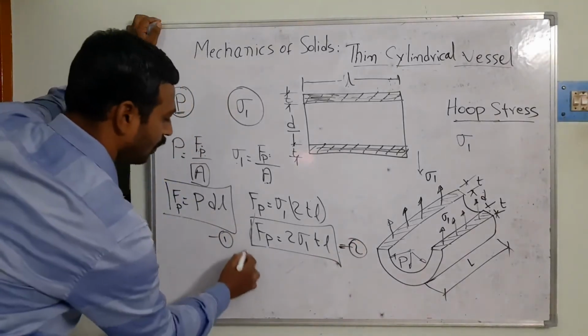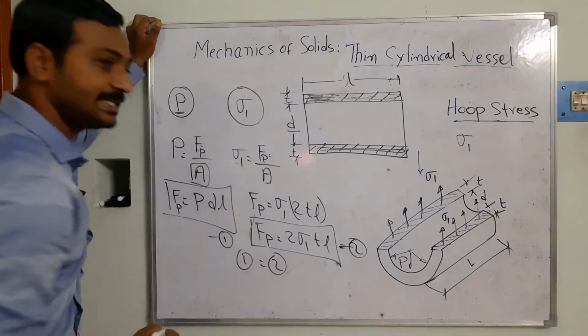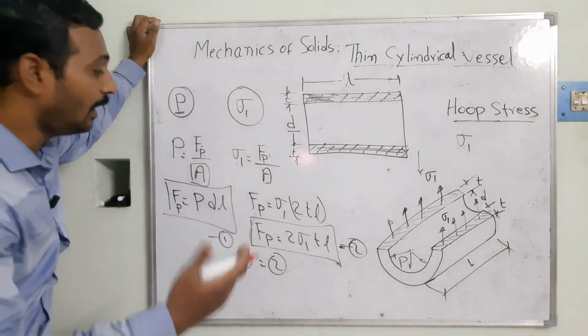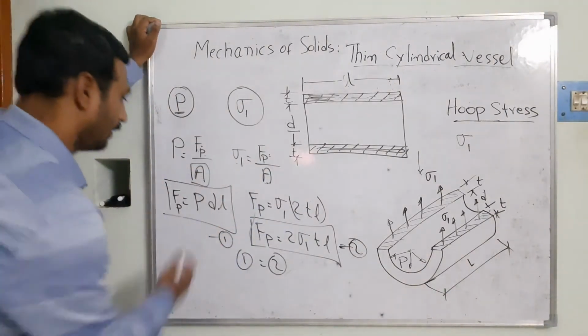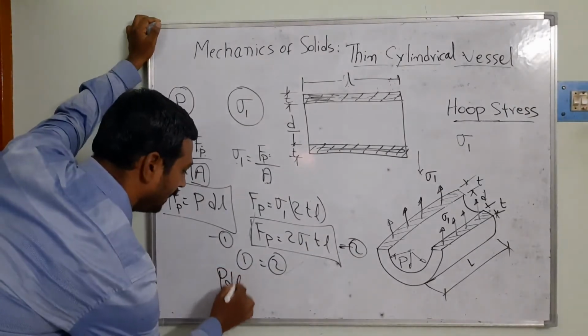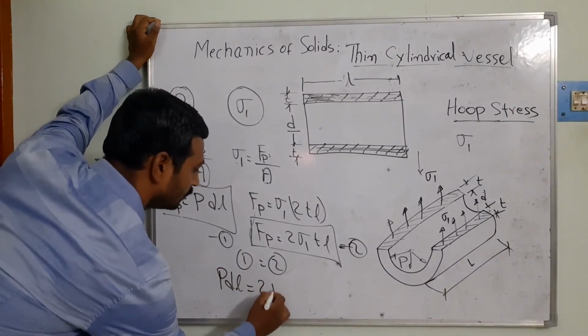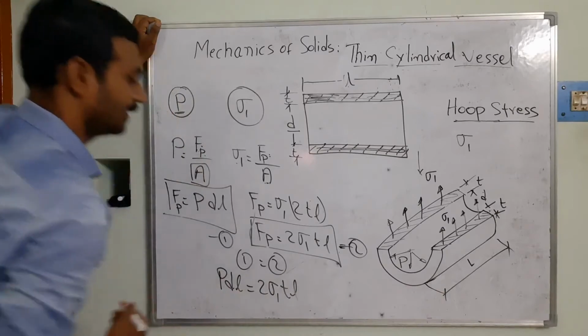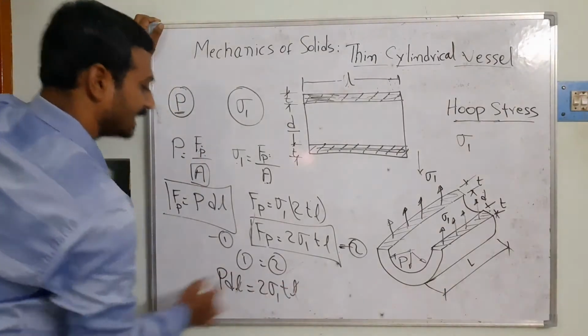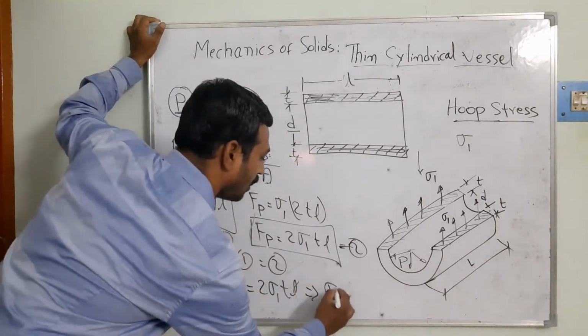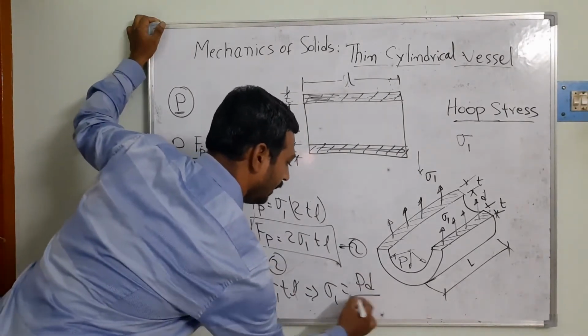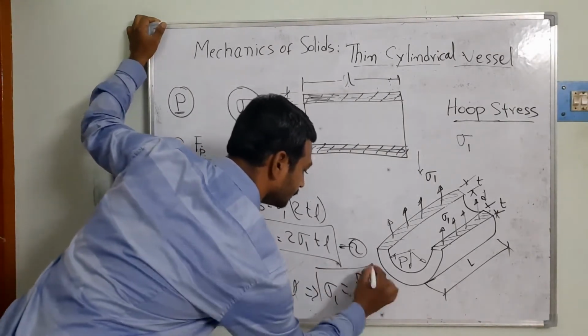So 1 is equal to 2, that means the applied force is equal to the force developed inside the material. That's P into D L, equal to 2 into sigma 1 T L. So L will be cancelled over here, and sigma 1 is equal to P D by 2T, we got it.